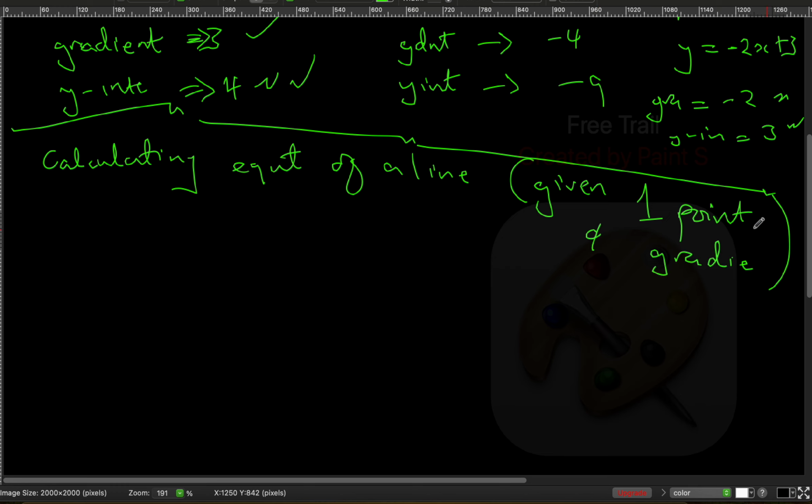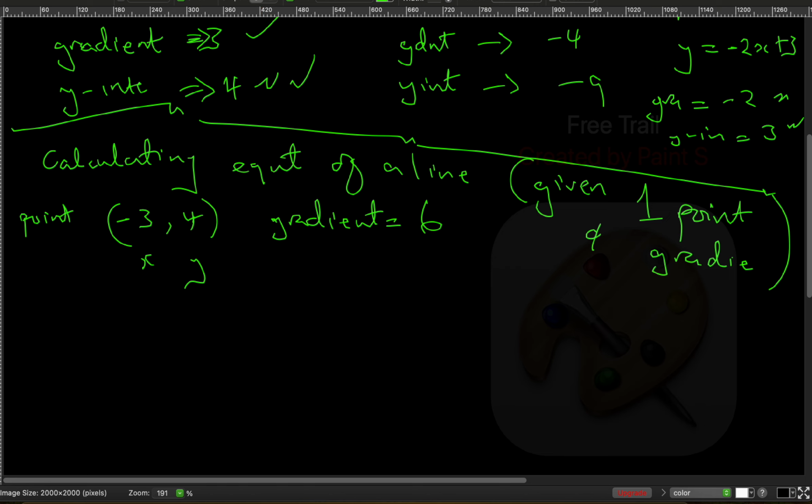Suppose a line is passing through the point (-3, 4). This is the x-axis, this is the y-axis. The line is passing through -3 and 4, and its gradient is said to be, let's say, 6.